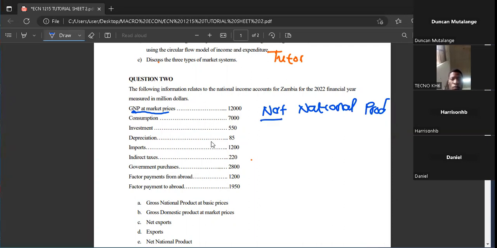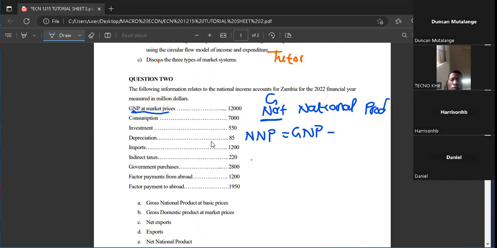So wherever there's net here, put the gross, okay? It was gross national product, but now it has become net. So when it is net, it means they've just removed depreciation. So to get the NNP, the net national product, you need to first get the gross, which is the GNP, okay? Then you're going to subtract.